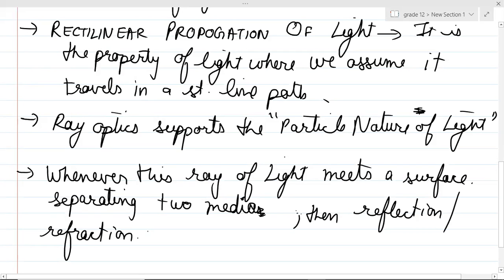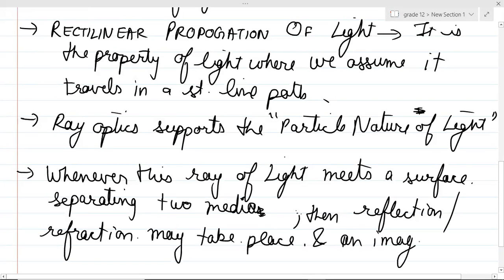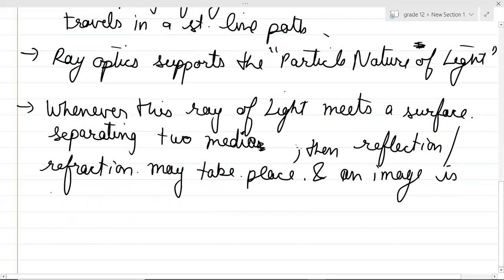Then reflection, refraction may take place. So we are going to study this reflection and refraction and an image. In spite of this, you can write an image may form, right?